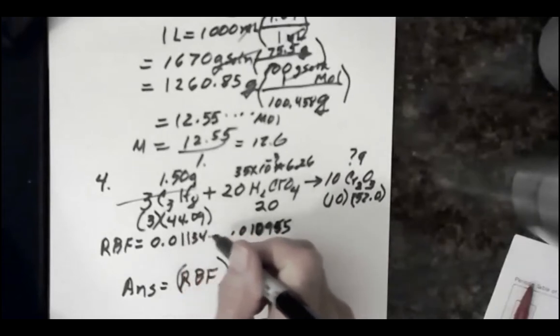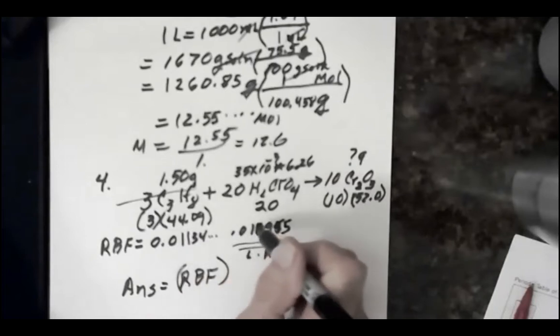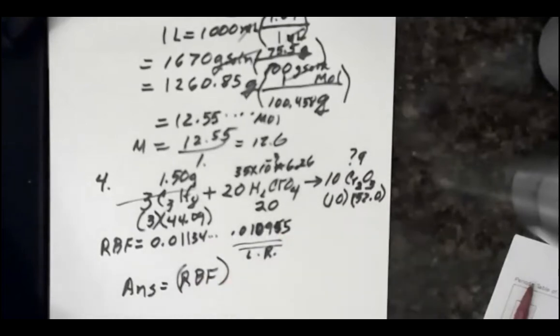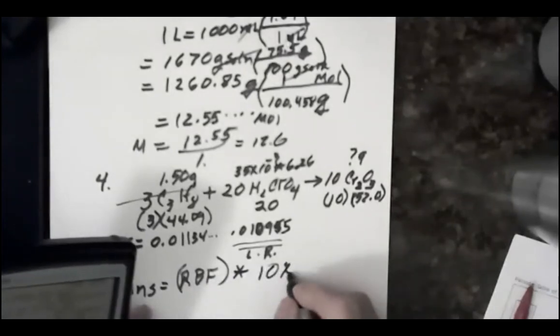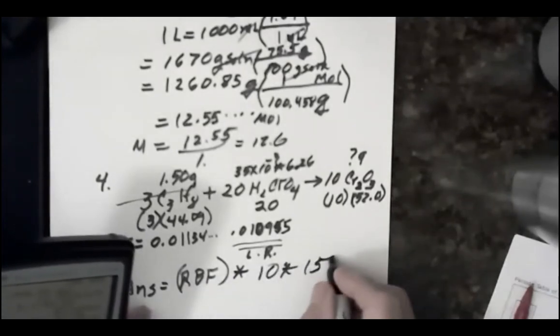If I had been doing it on my calculator without writing a step down, I could have looked up on my screen and compared the two numbers. I've still got the 0.01134 on the screen, and I've still got the one I just calculated. So the one I just calculated is the one I want, and I need to multiply that by 10 times 152.